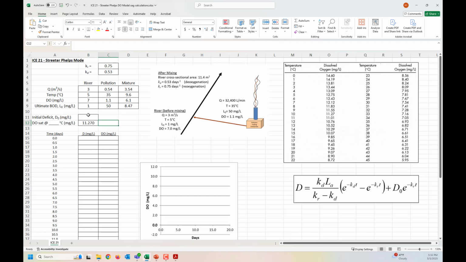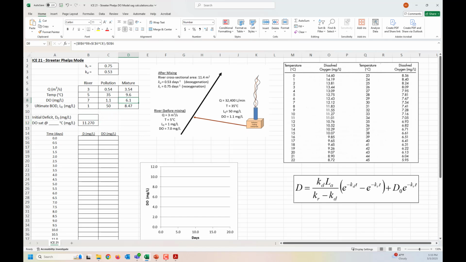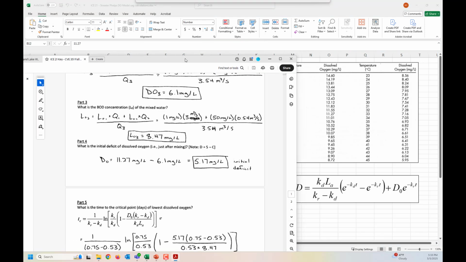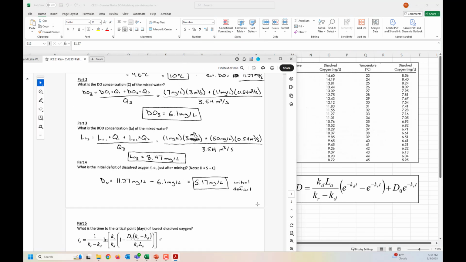So if that's how much maximum oxygen there can be at the temperature of 10 Celsius, then our initial deficit, if the dissolved oxygen is 6.1, then the initial deficit would be, let's set that up as a calculation. So it's the saturation minus the actual concentration of dissolved oxygen, 5.17. And again, that's what we had for the initial deficit in the hand calculations today.